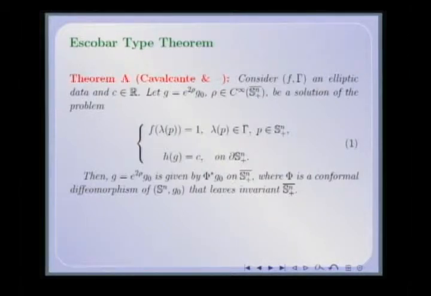That is, in the same case, it has to be a ball in the standard Euclidean sphere. Also, this conformal diffeomorphism, we will see through the proof, has to leave invariant the hemisphere that we are working on.